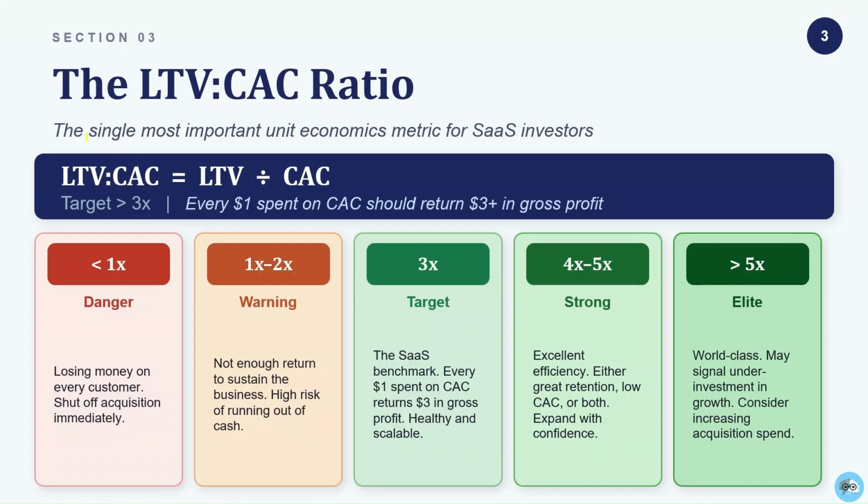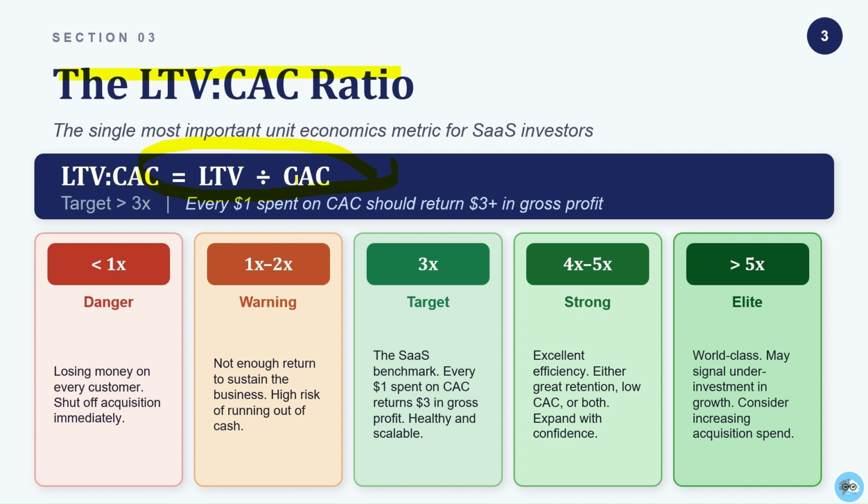Now let's talk about the LTV to CAC ratio. It is one of the most important unit economics metrics for SaaS investors. It is calculated as LTV divided by CAC. Now let's understand what it actually shows. It shows that every $1 spent on CAC should return 3 plus dollars in gross profit.